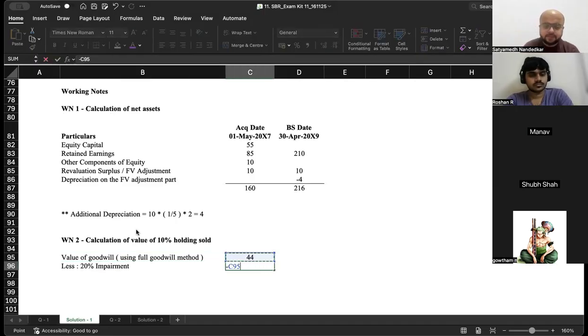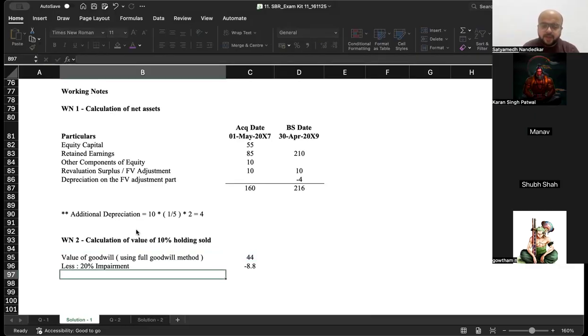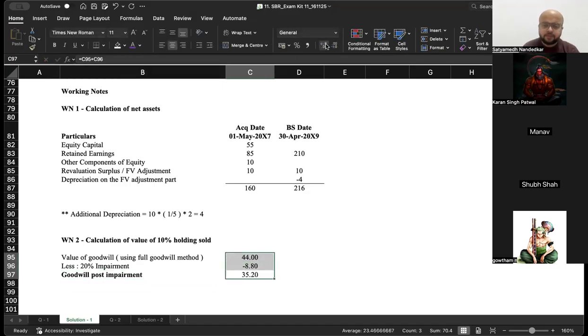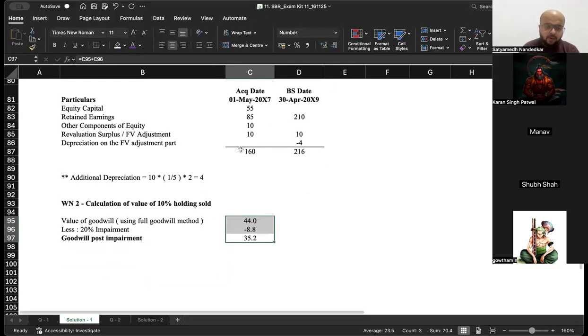How much will it be? Goodwill post impairment is how much? 35.2 is the amount of goodwill.